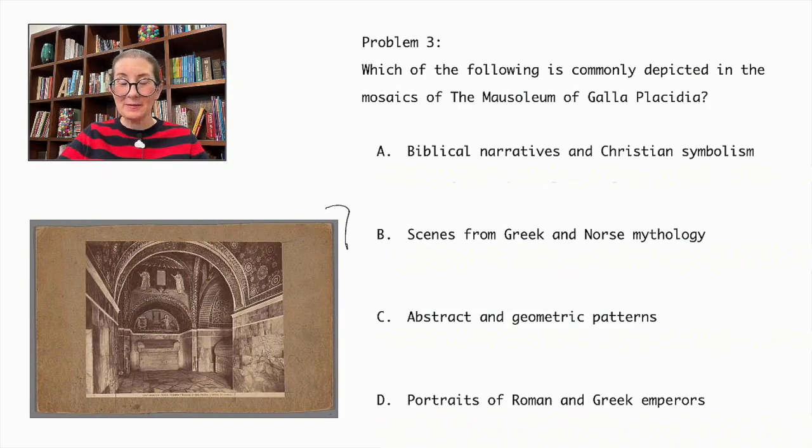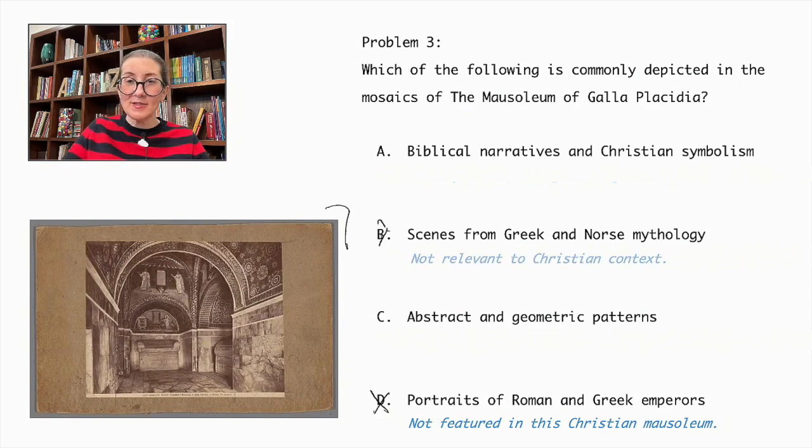Right away, we can eliminate 2. Portraits of Roman and Greek emperors and scenes from Greek and Norse mythology. Greek and Norse mythology evolve separately in both time and in location and are distinct, with no known portrayals of them existing side by side.